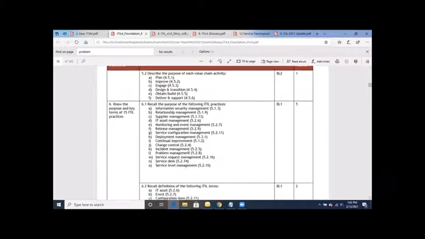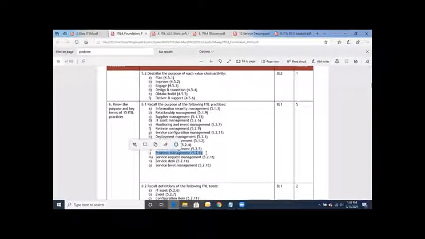ये जो आपका just knowing the purpose of these processes जो हम अभी कर रहे हैं in our V2 revision gives you the 5 marks. They'll just ask you what is the purpose of incident management. Restoring the service as soon as possible. As simple as that. What is the purpose of problem management?